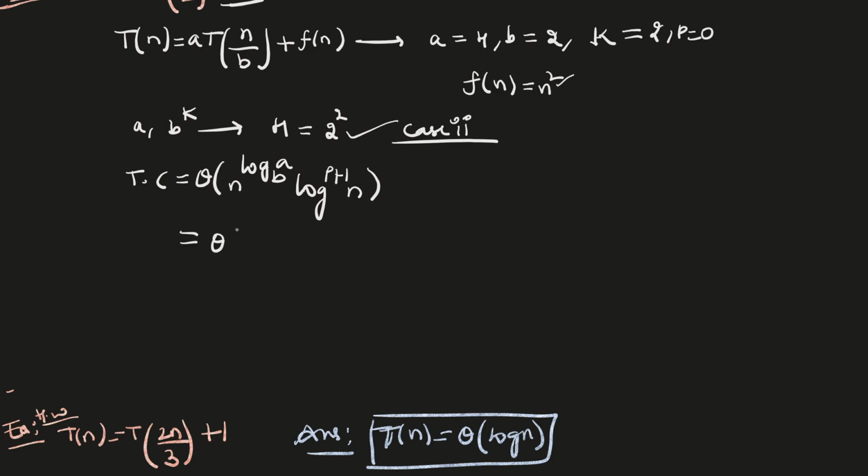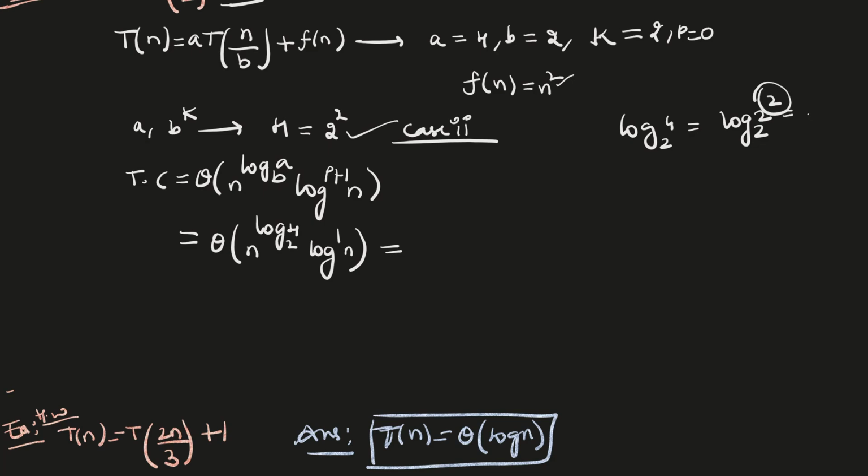So simply we need to substitute the values, that is n power log a base b, where a is 4 and base is 2, log of 0 plus 1 is 1, and n. So log 4 base 2, how do we solve it? Log 4 can be written as 2 square and this power would come in front, so it would be 2 log 2 base 2.